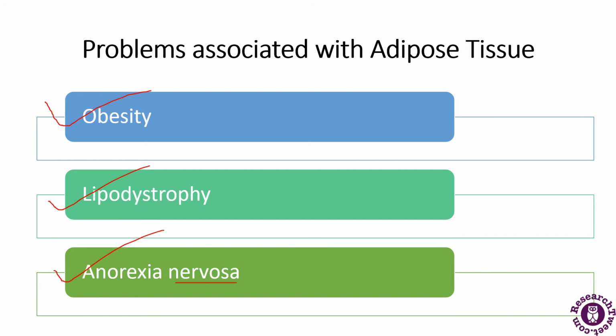So these are some of the problems that can be associated with adipose tissue. When there is too much or too little adipose tissue, it can have severe health implications.